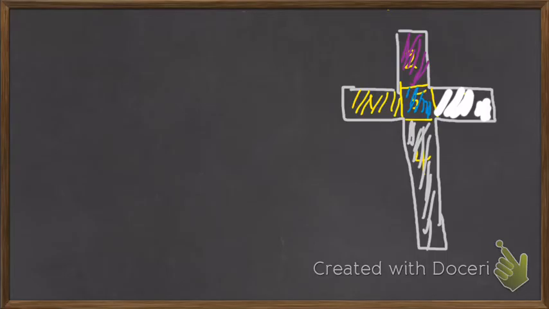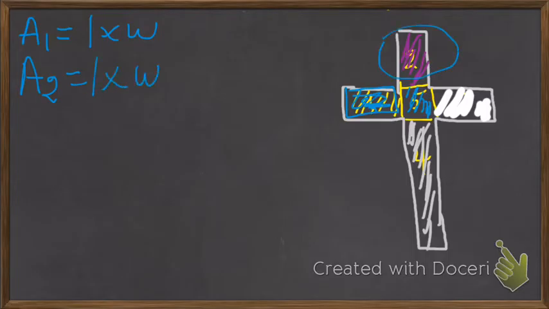Because we have 5 shapes, we're going to do area 1 equals. So you look at the shape in here. This is my area 1. What shape is this? It's a rectangle. So for the rectangle, we do length times width. We're going for area 2. Area 2 was this one. Still looks like another rectangle. And then I'm going for that one.